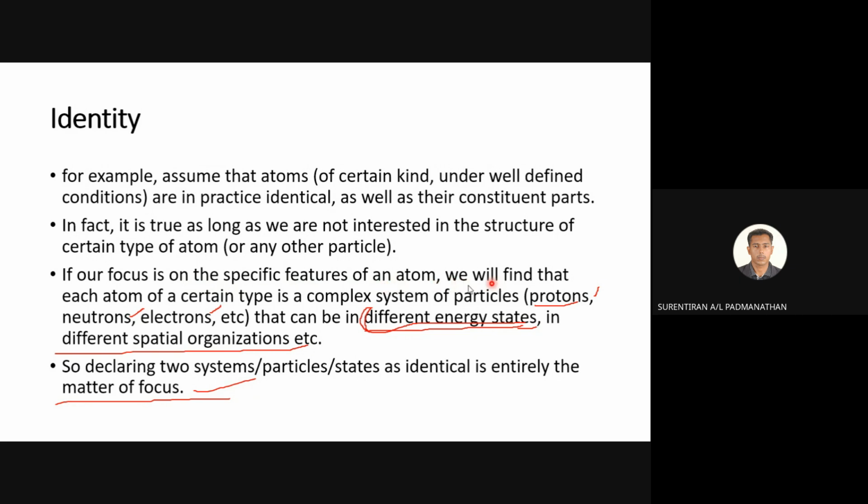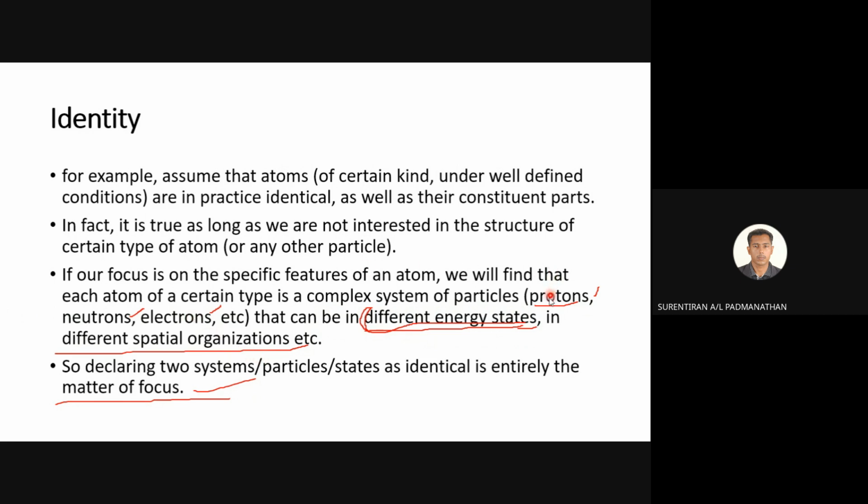we will find that each atom of a certain type is a complex system of particles. We have protons, neutrons, electrons that can be in different energy states or different spatial organizations.